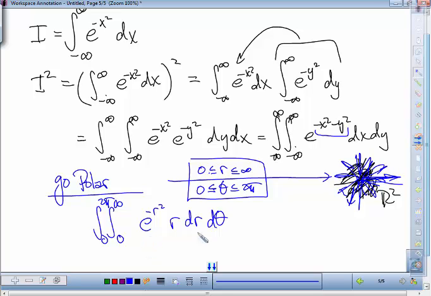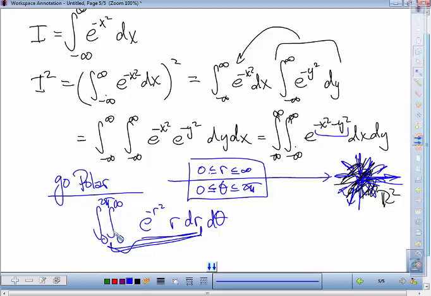Now this is an integral that you should be able to do. You expect Calc 1 students to be able to do this integral. It's just a u substitution. U is equal to negative x squared, negative r squared.